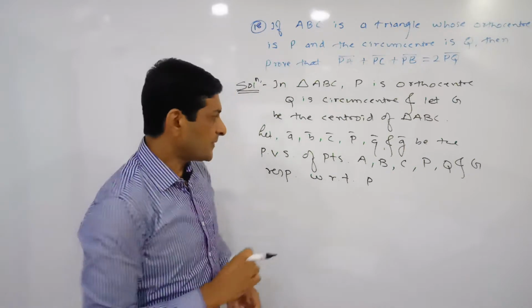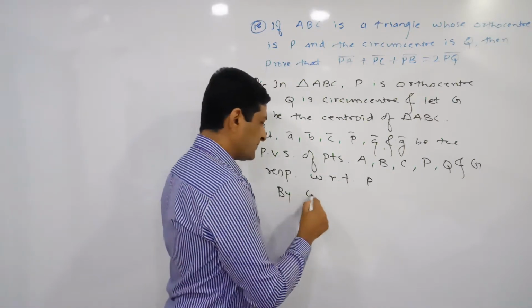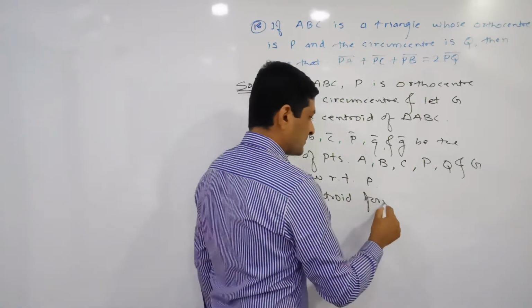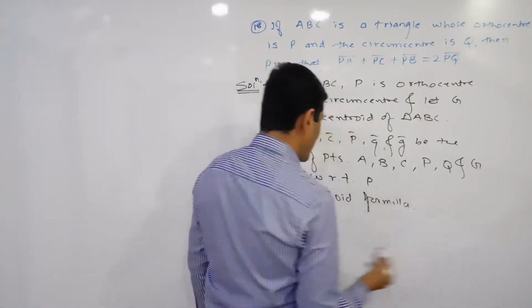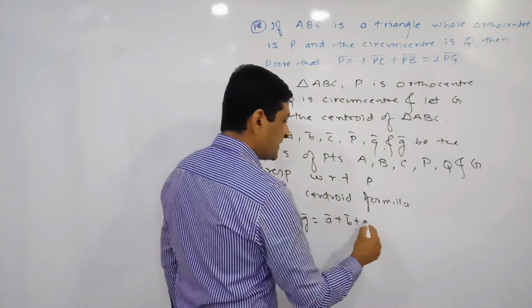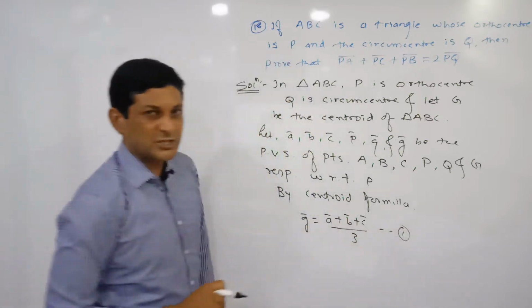Now by the centroid formula, let us see what result we will get. By the centroid formula, G bar will be equal to A bar plus B bar plus C bar upon 3. Let us denote it by equation number first.